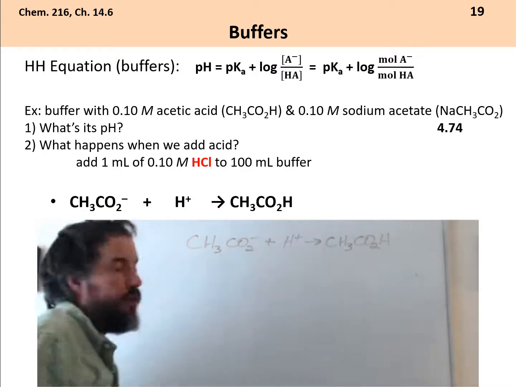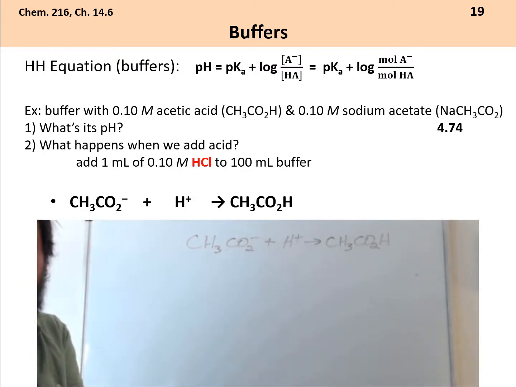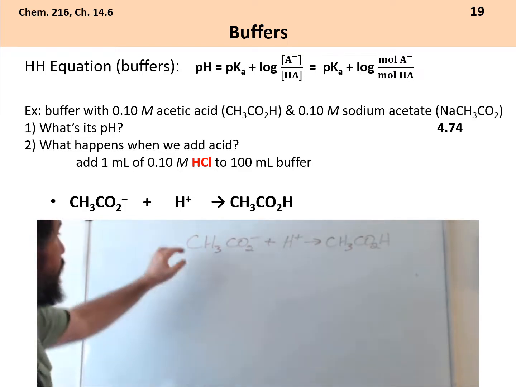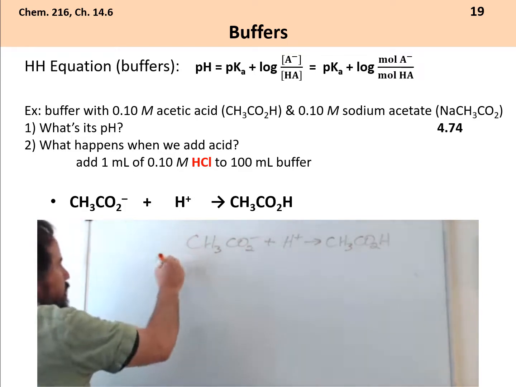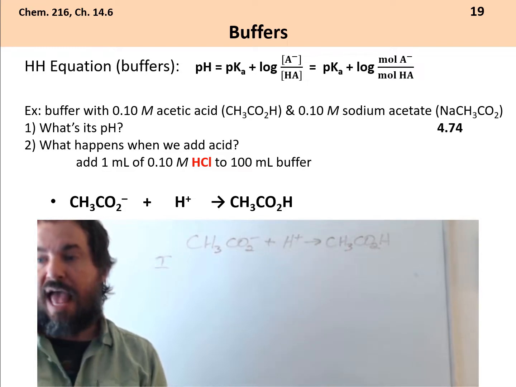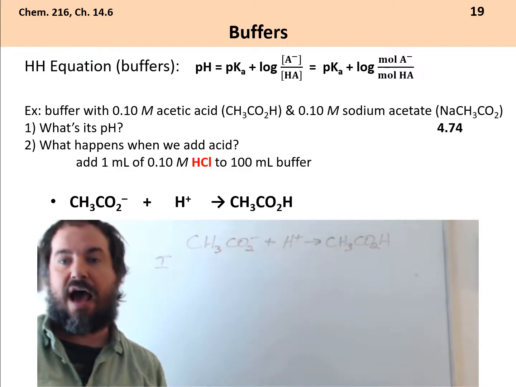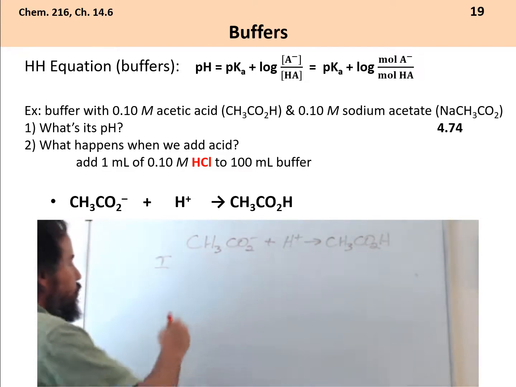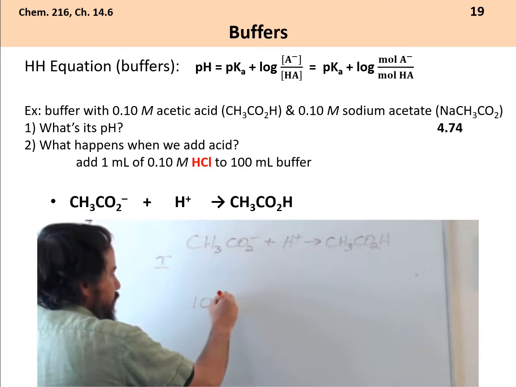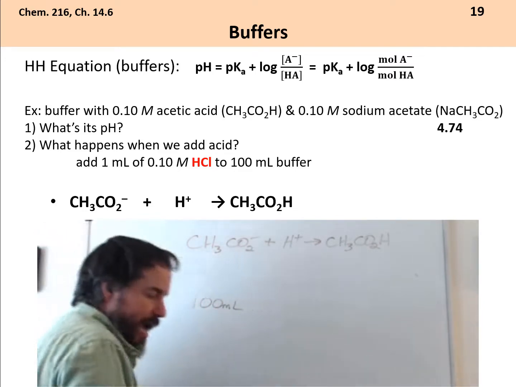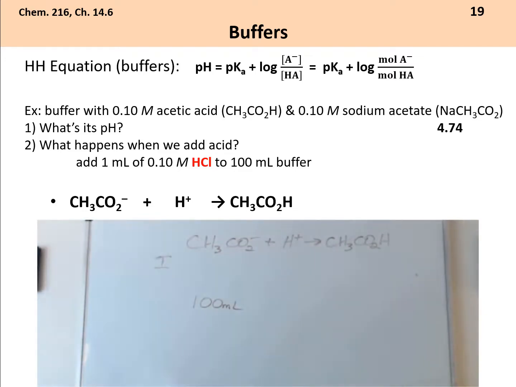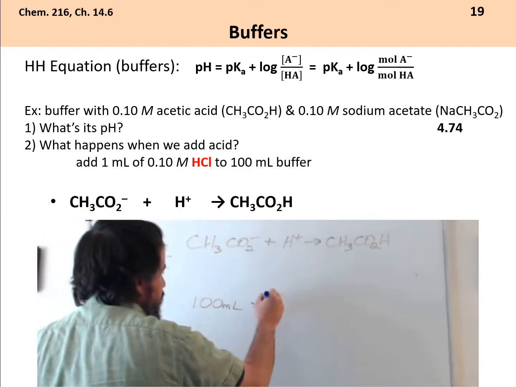All right, so I need to know the moles of each one of these. Let's start with the CH3CO2 minus. How much of that do we have initially? Well, we're told we have 100 mL of buffer, and that buffer contains 0.1 molar sodium acetate.